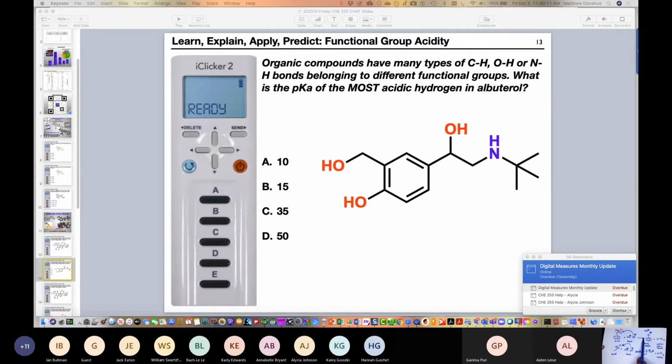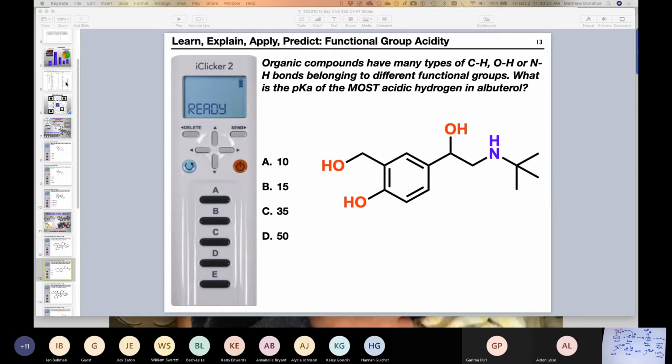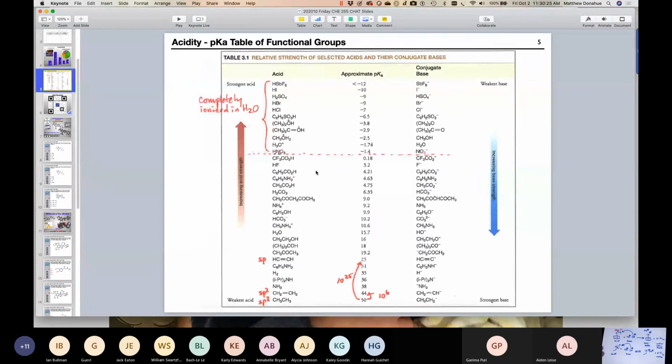Notice I drew this arrow and then these different. So let me click back on this table. We said that this molecule has a pKa of about 10. Ethanol has a pKa of 16. Water has a pKa of 15.7.